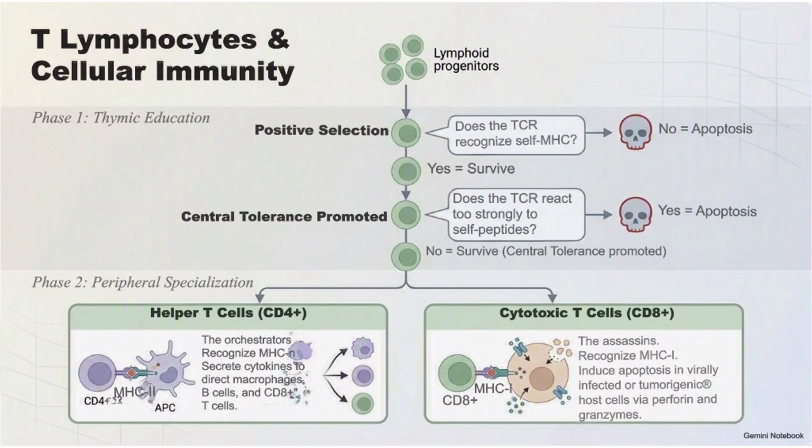But here's an interesting problem. What happens if an abnormal cell stops displaying enough MHC class I? A CD8 T cell depends on antigen being presented in the context of MHC class I, so reducing that signal might seem like a clever way for an infected or abnormal cell to hide.